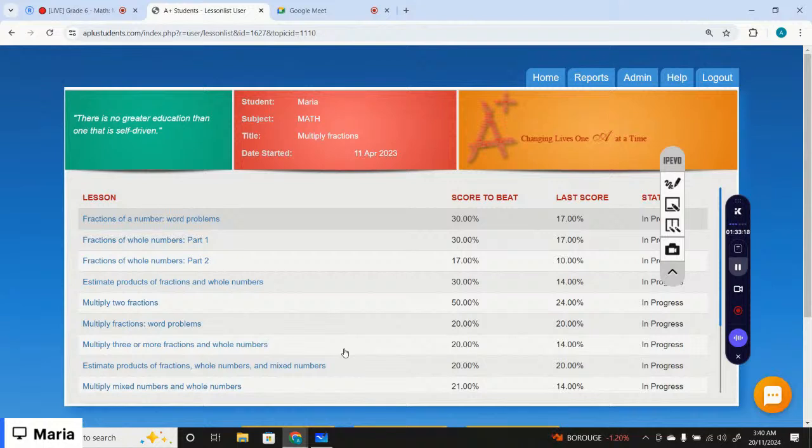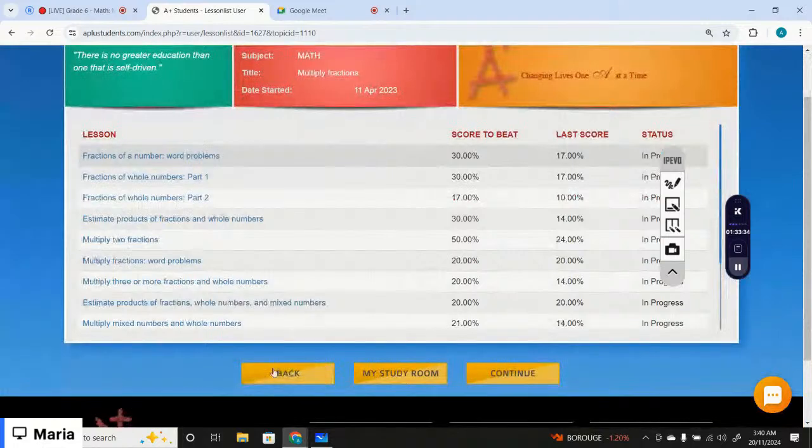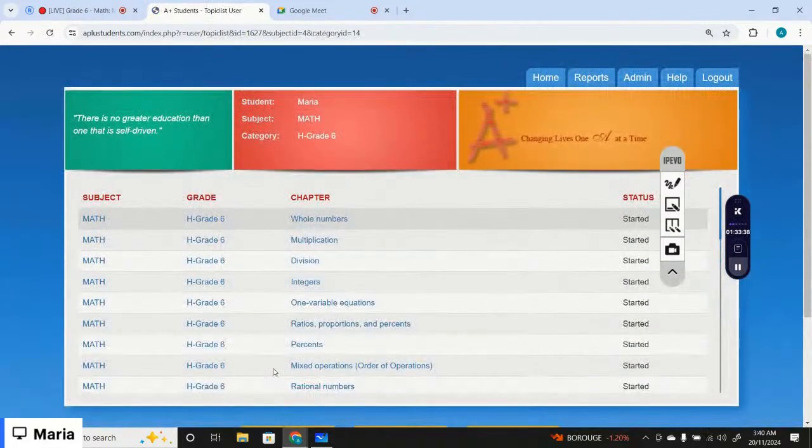The lessons we have covered today are fractions of a number word problems, fractions of a whole number part 1, fractions of a whole number part 2, and estimate products of fractions and whole numbers. So please make sure before the next session you complete all the practice questions for the lessons we just did. That is your homework until the next session.